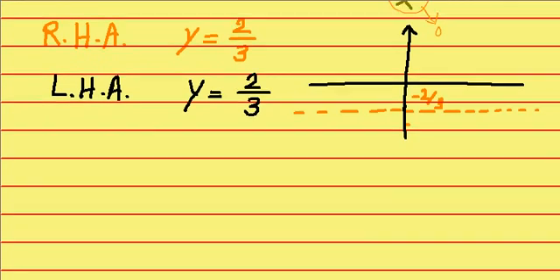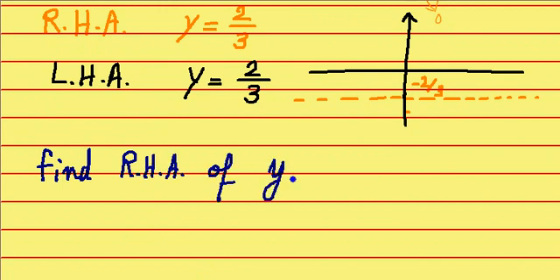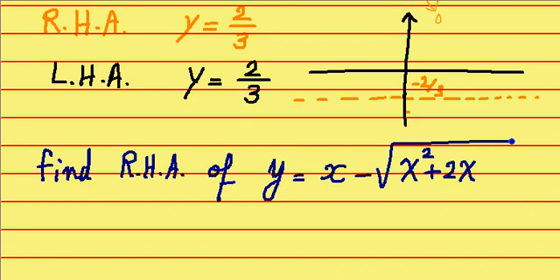Okay, you do a few more exercises of this type. Let me move ahead and do something a little bit more advanced. Suppose the question is: find the right horizontal asymptote of y is equal to x minus radical x squared plus 2x plus 5.